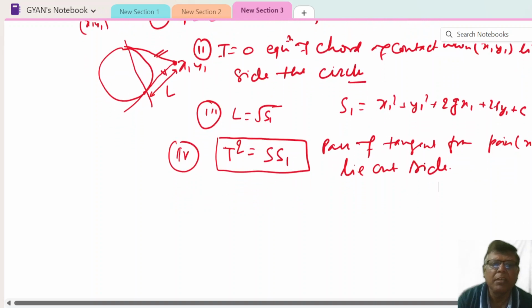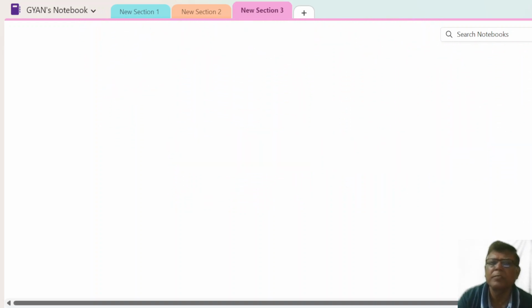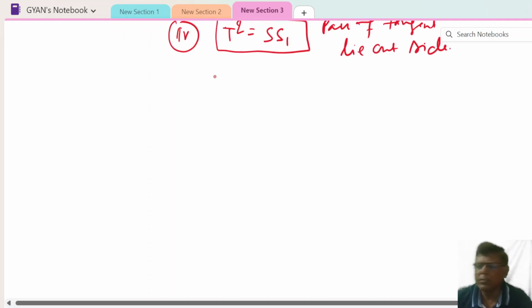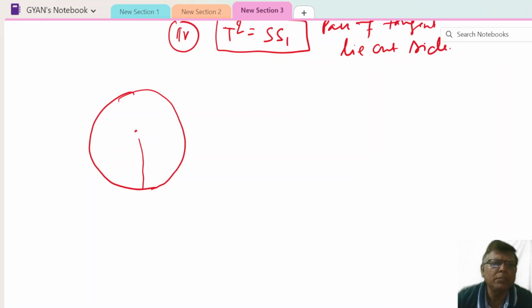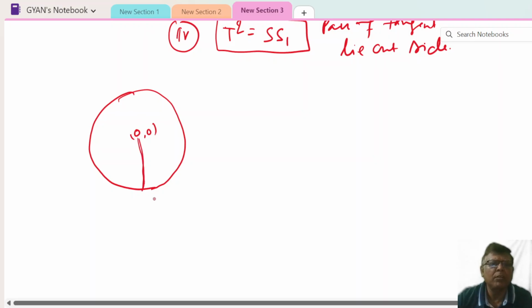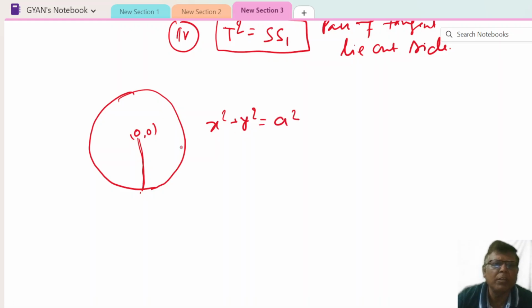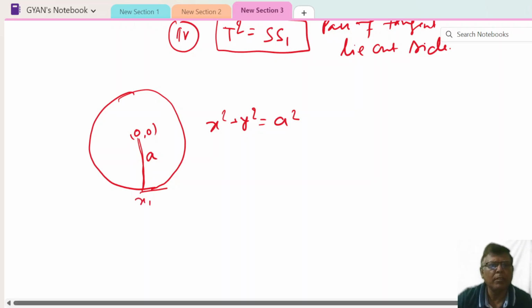So first let us derive the tangent, T. Suppose this is the origin (0,0), because in your book it is given from the origin. Then the equation is x square plus y square equal to a square, where a is the radius, and this point is x1 y1, and this is the tangent.